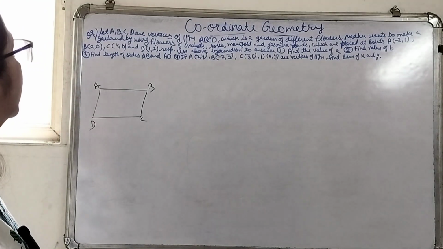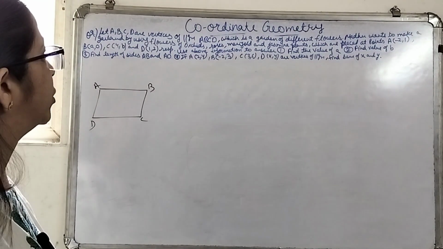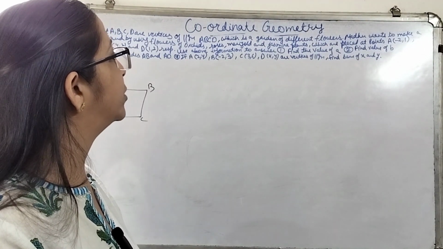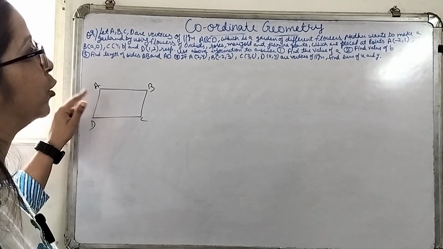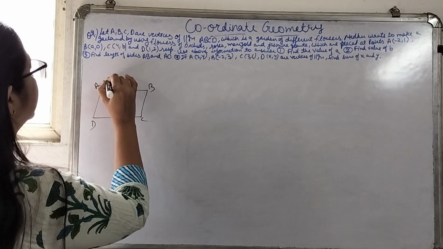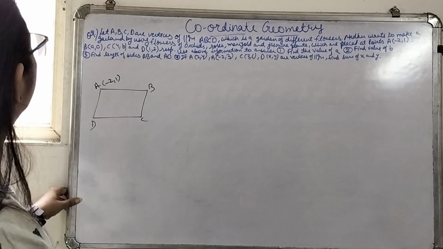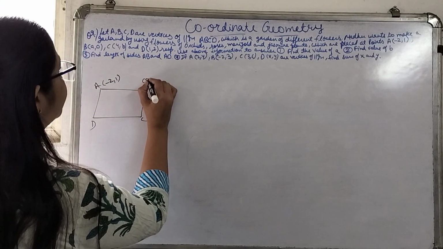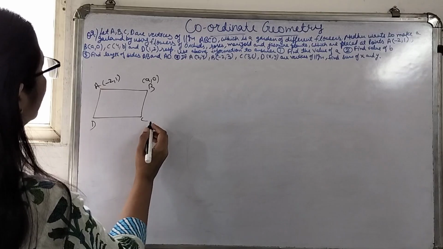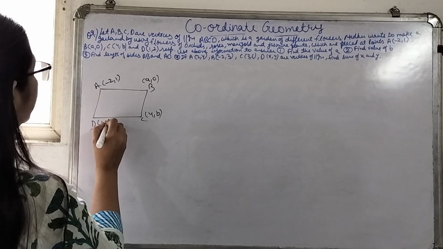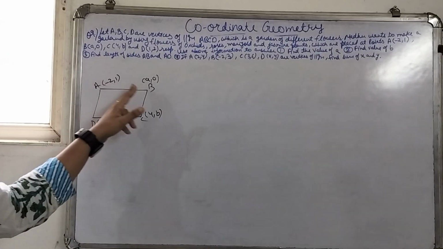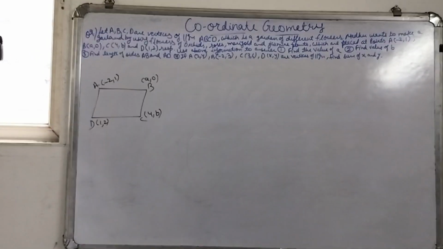Madhu wants to make a garland using flowers of orchids, roses, marigold and jasmine plants, which are placed at the points. Coordinate of A is given to us as (minus 2, 1), B is (a, 0), C is (4, b), and D is (1, 2). These are the coordinates of the vertices of the parallelogram, respectively.